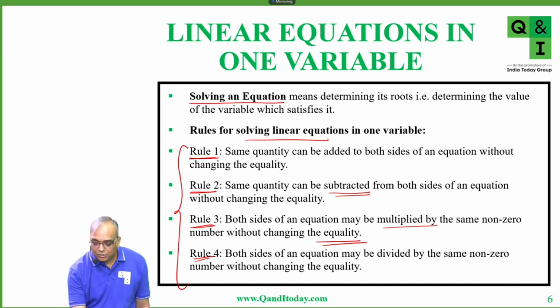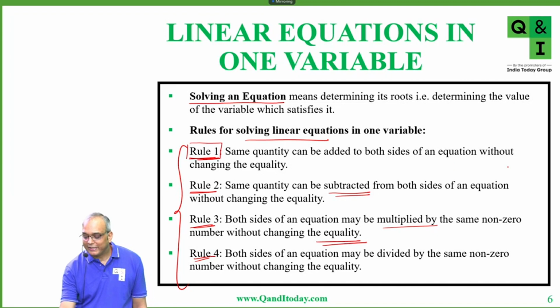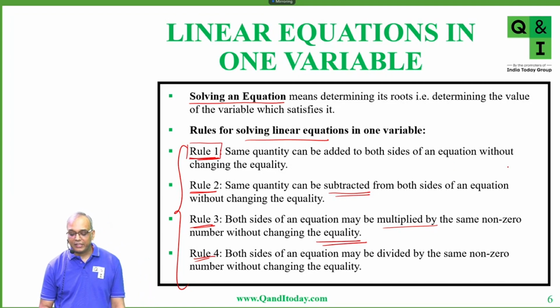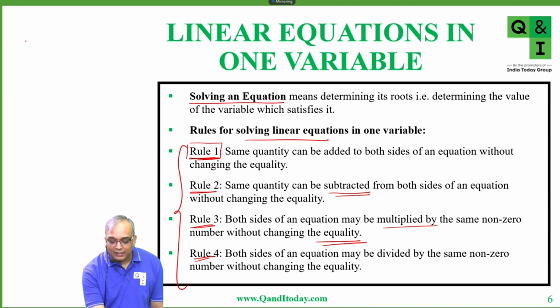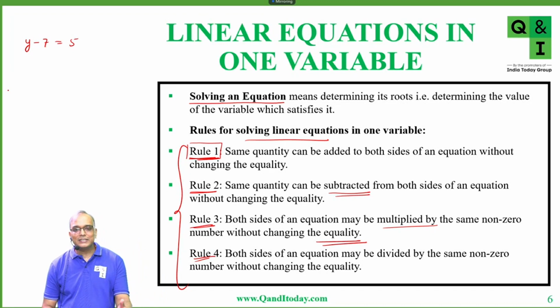So the first rule is the same quantity can be added to both sides of an equation without changing the equality. So if we have an equation y minus 7 is equal to 5. Now to solve this equation, what we can do is we can add the same quantity to both sides.